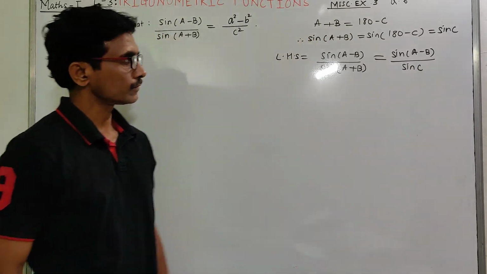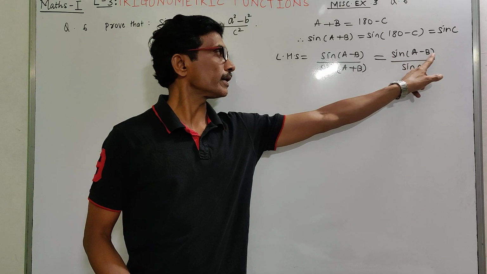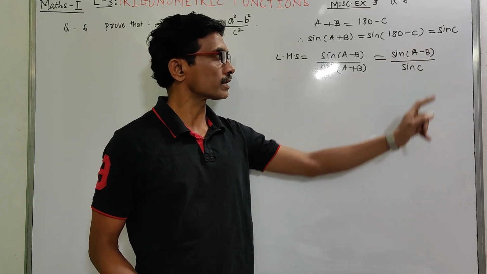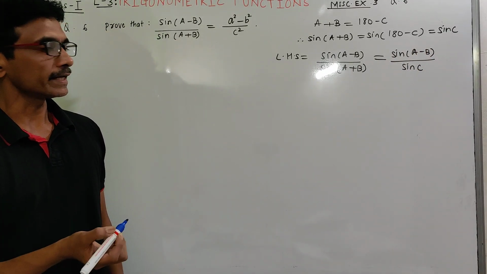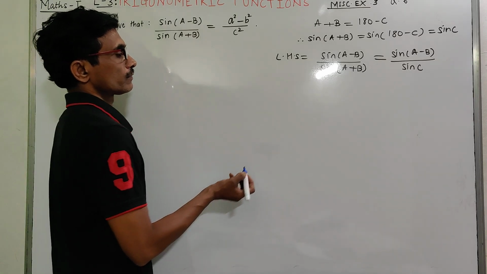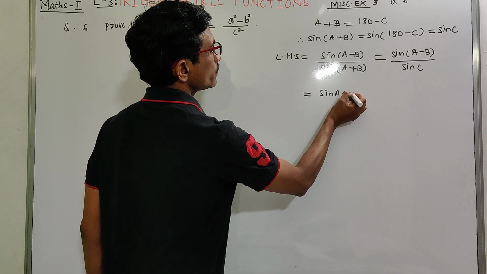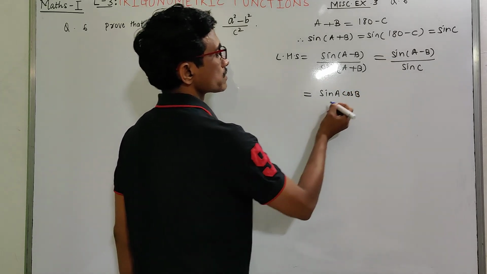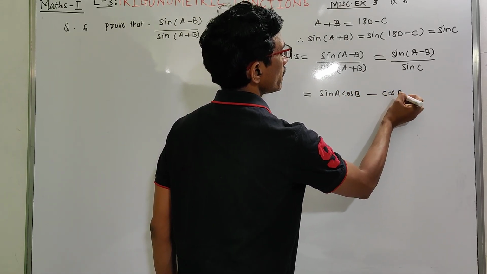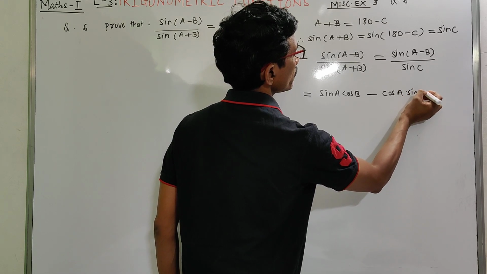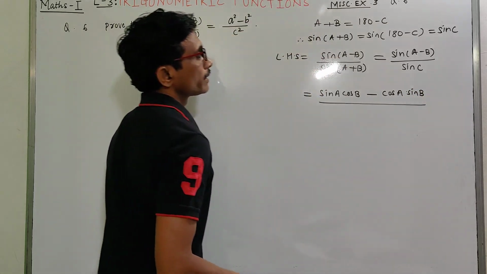Now further, sine of (a minus b), we expand it: sine a cos b minus cos a sine b. So that is equal to (sine a cos b minus cos a sine b) upon sine c.